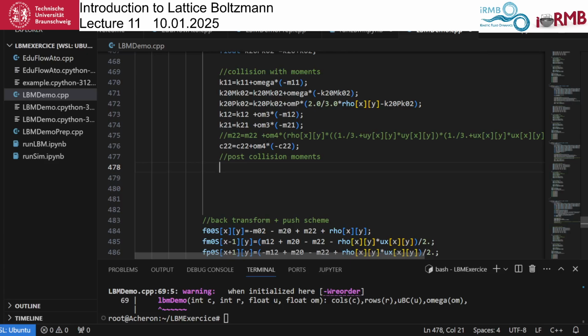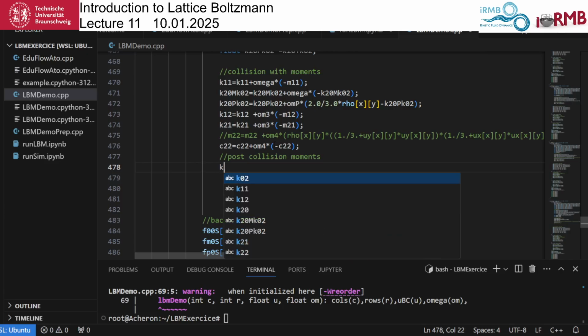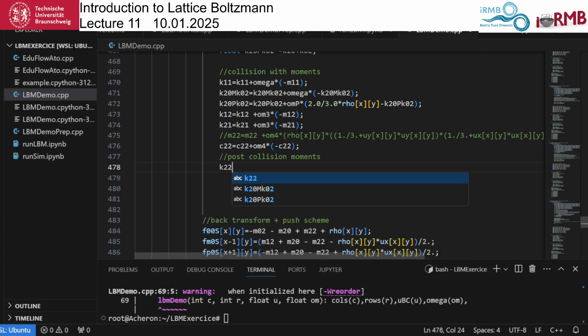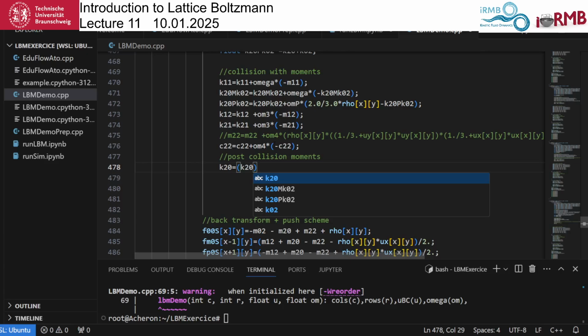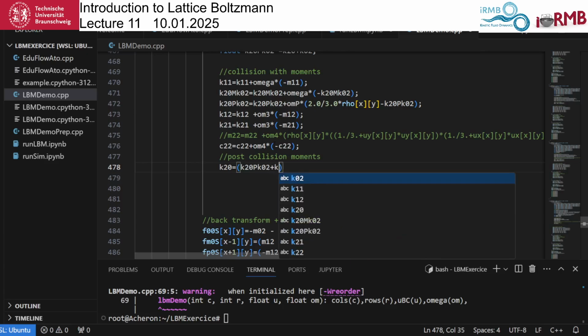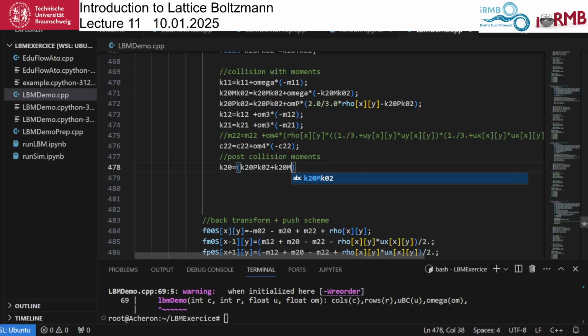So we'll have to back transform, and the thing that we have to do first is to get the moments K20 back, and this moment K20 is basically K20 plus K02 plus K20 minus K02 divided by 2.